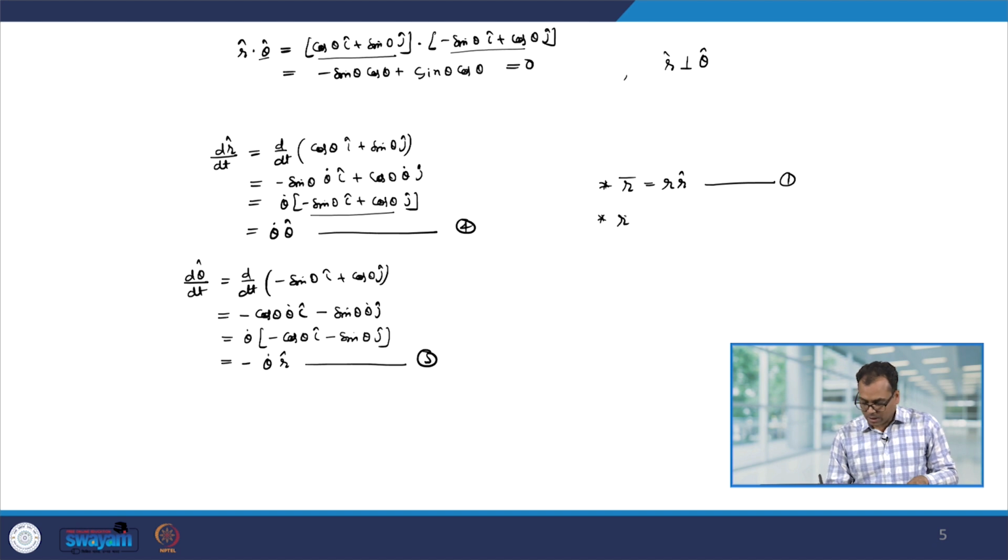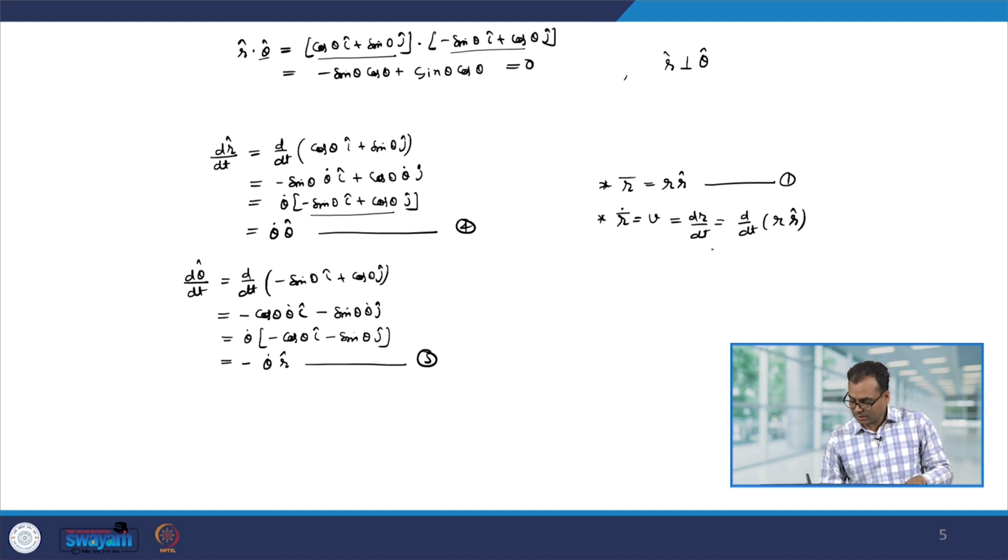Therefore r dot, which is velocity, dr over dt, it will be d over dt of r r cap, and this will be r dr cap over dt plus r cap, and the derivative of r is r dot.